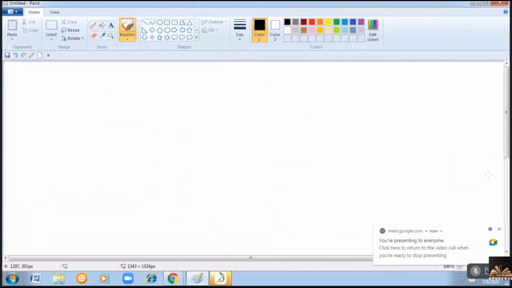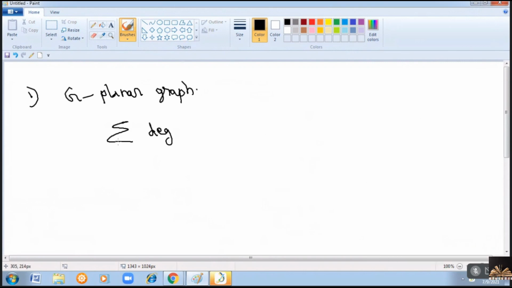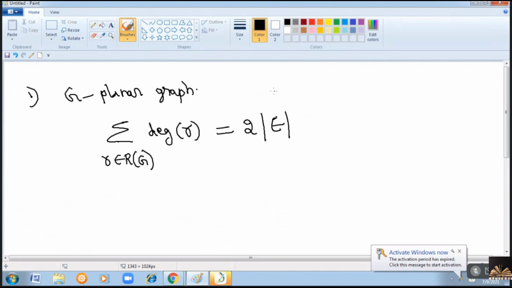So with respect to this, we have formulas which we will use in checking the planarity of a graph also, right? First, please note down these formulas, ma. I will give you three formulas. If G is a planar graph, then the sum of the degrees of the regions, where R is a region in the graph, is equal to 2 times the number of edges in the planar graph.